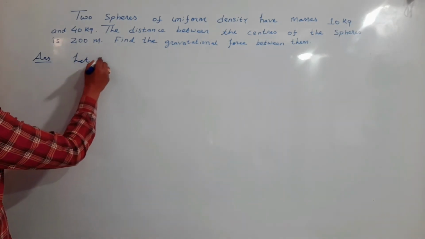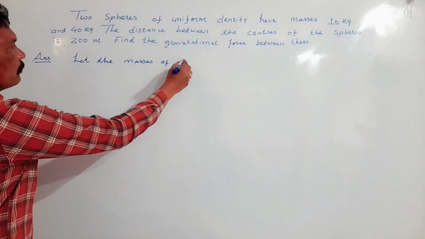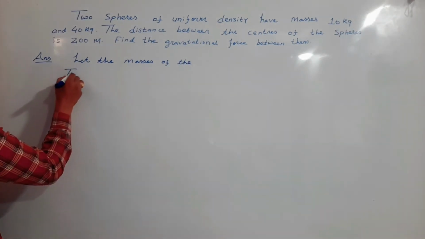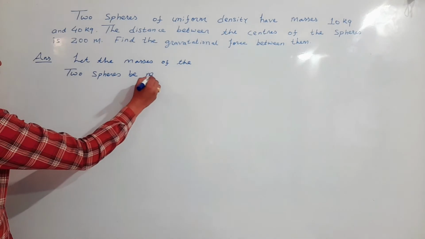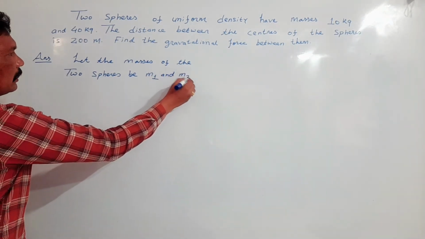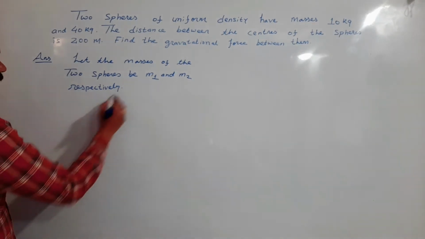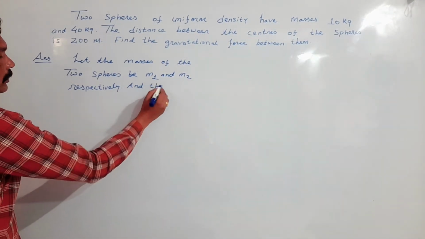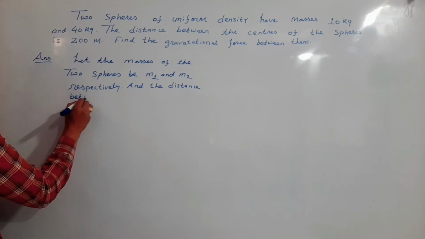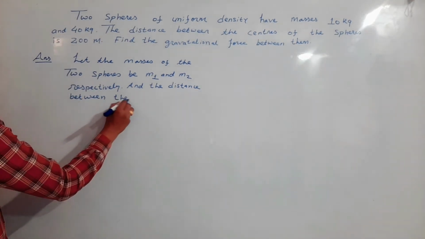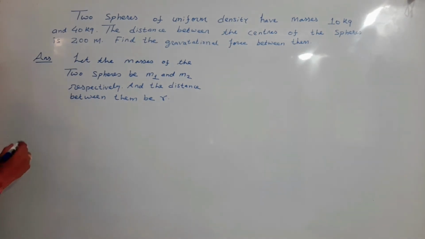So let the masses of the two spheres be M1 and M2 respectively, and the distance between them be R. Now my dear student, we will write what is given to us.